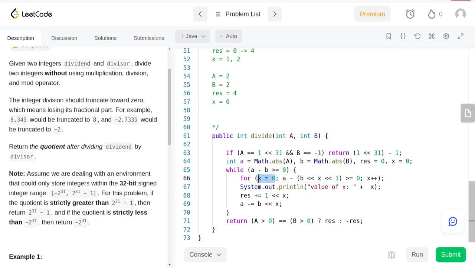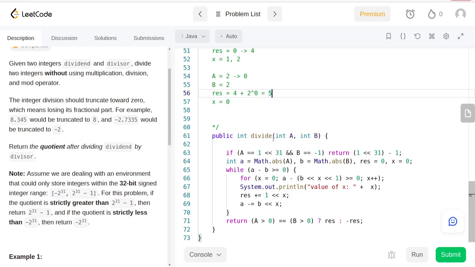So x is again equal to 0, and the result is going to be 4 plus 2 raised to the power 0, which is 1. So the answer is going to be equal to 5. After that, a is going to get updated to 0. From here, we won't enter this while loop again, and we're going to return 5.